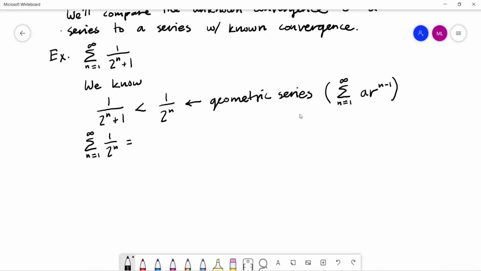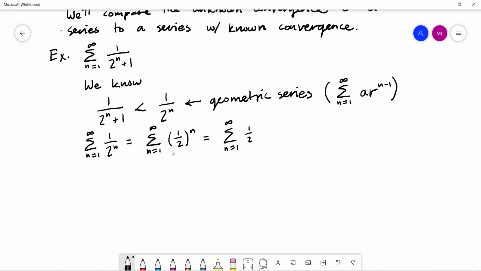So in our case, if I want to write this in that same form, right now I can think of this as being the sum from n equals 1 to infinity of the number 1/2 raised to the nth power. I want to rewrite it so that the power is n minus 1. And to do that, all I need to do is factor out an extra factor of 1/2.